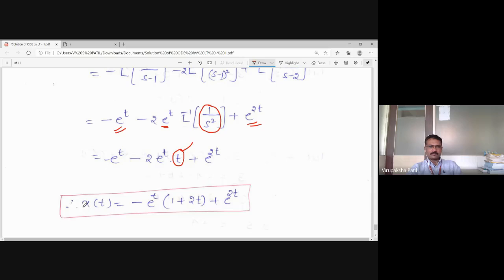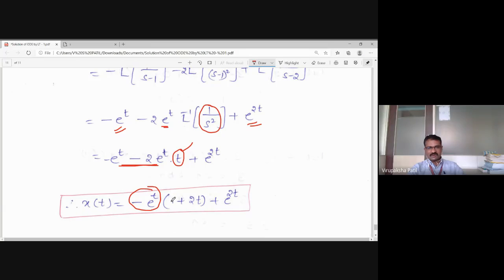So the final answer is x of t is equal to minus e to the power t, minus 2 times e raised to t into t, plus e to the power 2t. These two are with the negative sign, so you can take minus of e raised to plus t outside.